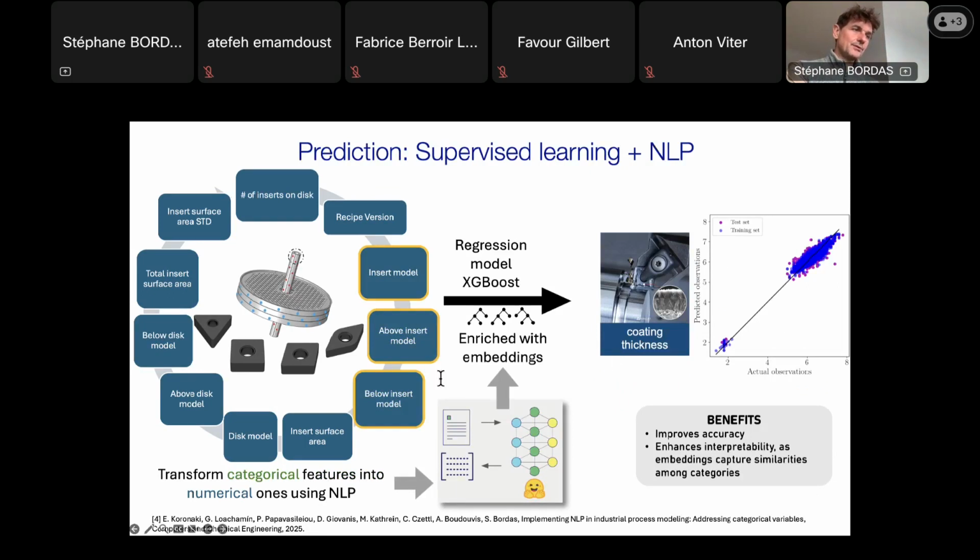And variables, you doing what? Using these large language models or natural language processing. All these insert models come from a catalog where they read like ABC 3264-3, whatever number, hexadecimal number, or whatever code is being used.